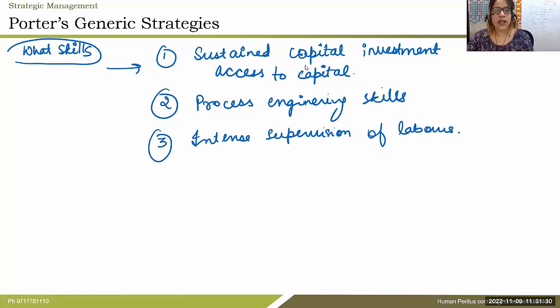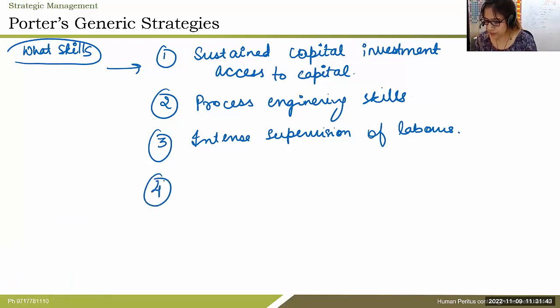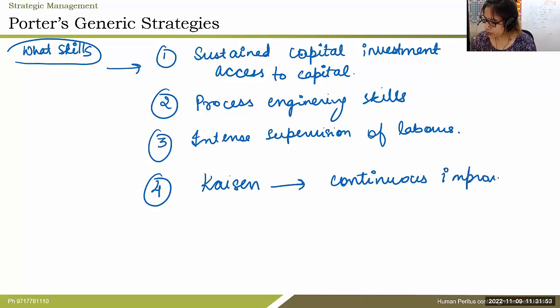Motorola. And among other ways, I think you have also heard of Kaizen. Kaizen is also one of the techniques that you can use. So what is Kaizen? Kaizen means continuous improvement, so that there is no chance of any kind of mistake.